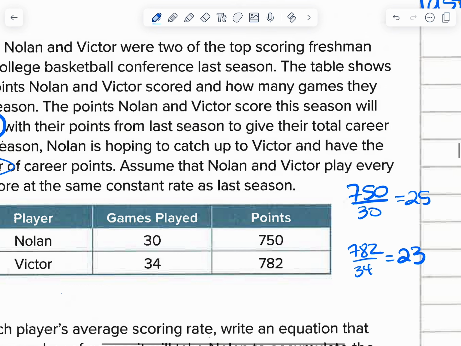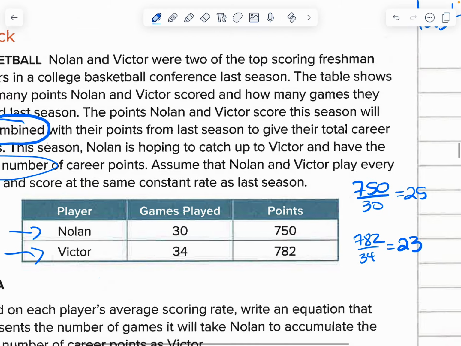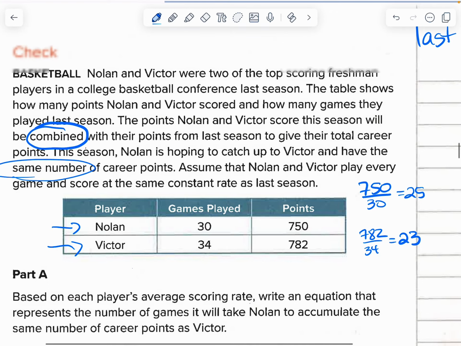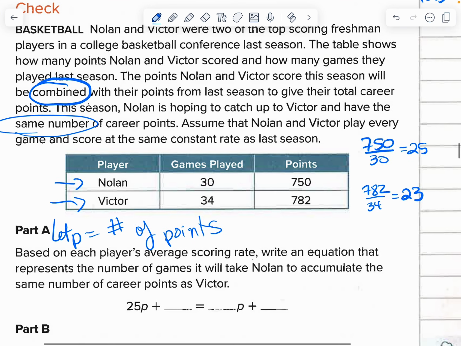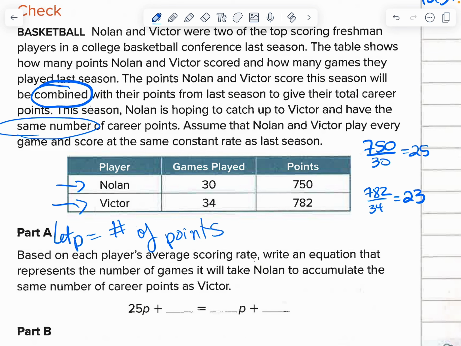And what are we trying to find? The number of points. So, let P equal the number of points. So we're going to write an equation. So this is over here.